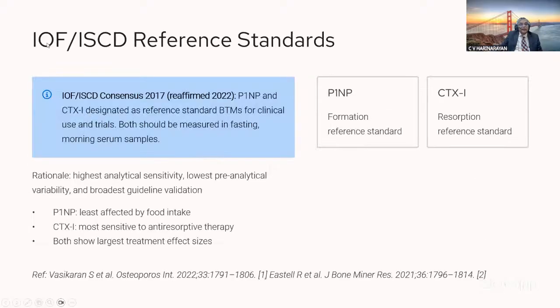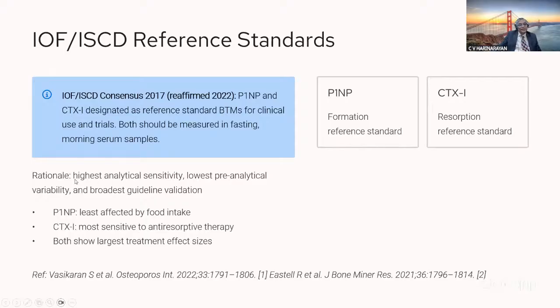Now, the International Osteoporosis Federation and the International Society of Clinical Densitometry have their references. P1NP is the standard reference for formation. CTX is the resorption standard. P1NP is least affected by food intake. CTX is the most sensitive to resorption or anti-resorptive therapy. Both show large treatment effect sizes.